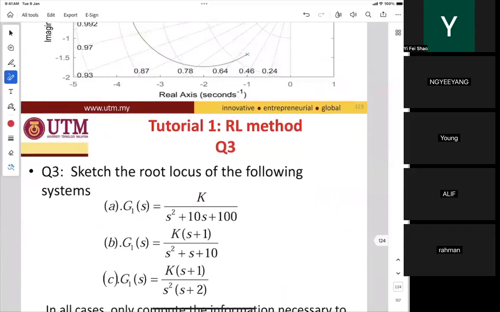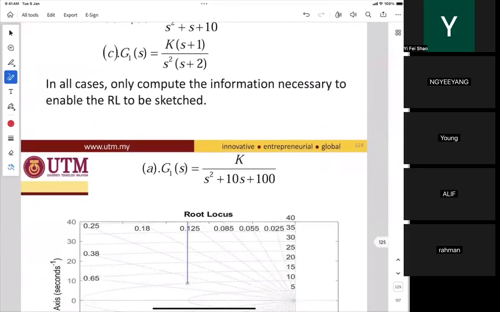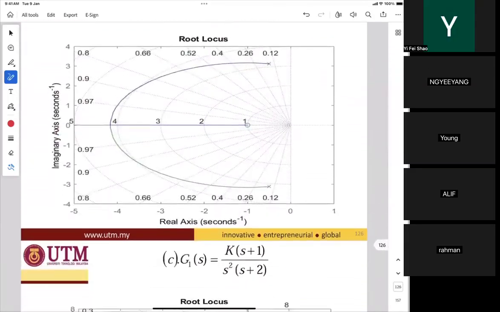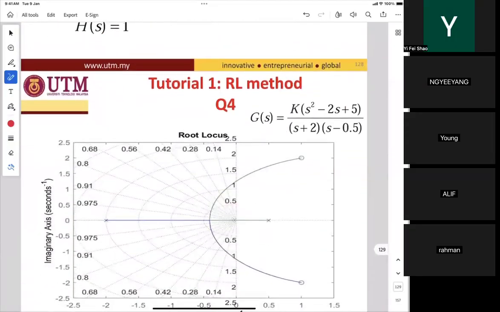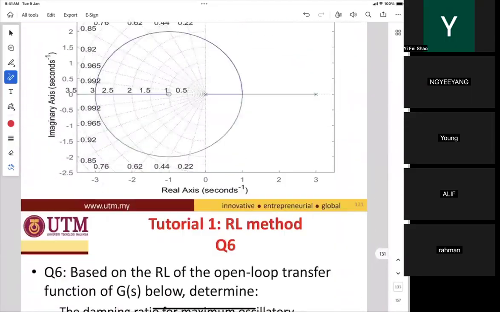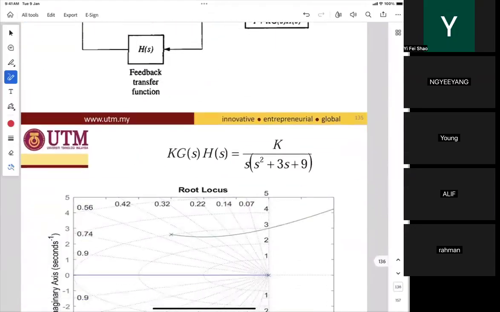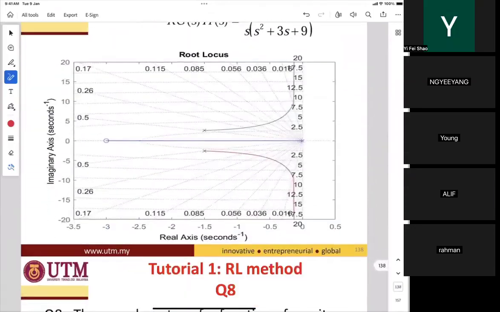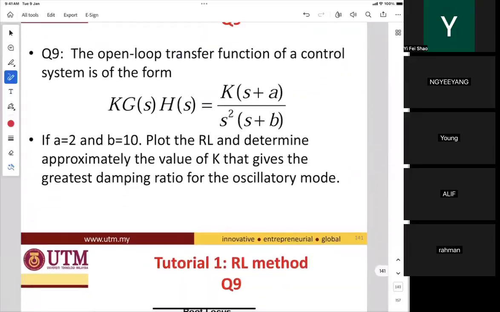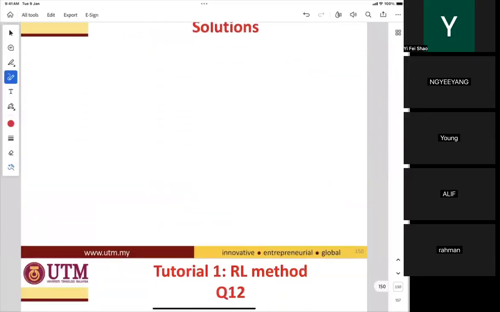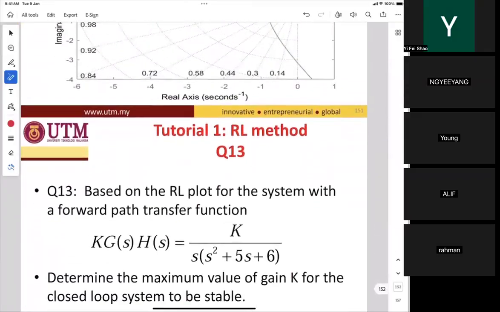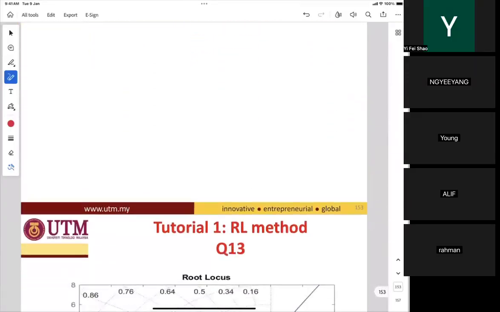So the rest of the tutorial you do it yourself. I discussed Q1 and Q2 already and the rest is about the same, because we are limited in time. Until Q12. Next week, Thursday, we will go to chapter 2. The rest is tutorial; you have to test it.